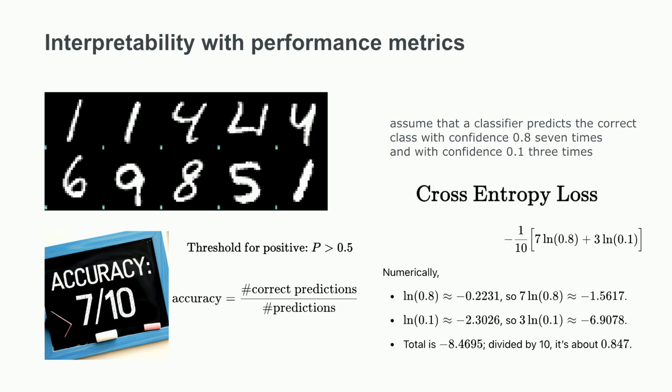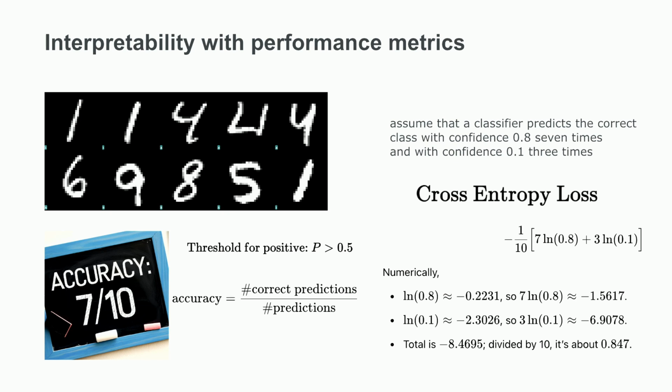This is actually more intuitive. And if we were to have a perfect accuracy of 10 out of 10, this is self-explanatory. We have already created a classifier that is doing perfectly.